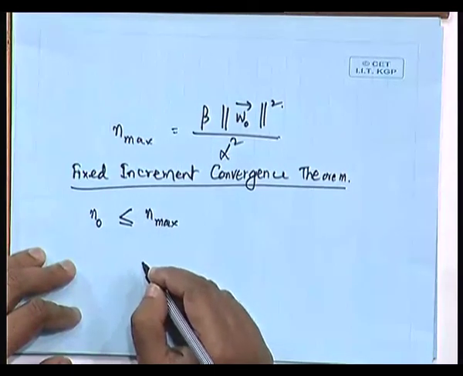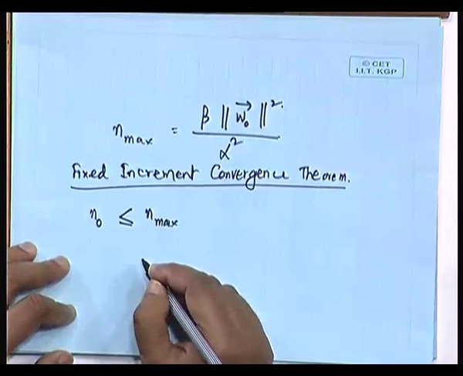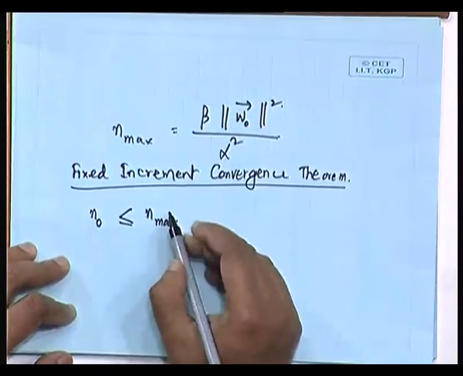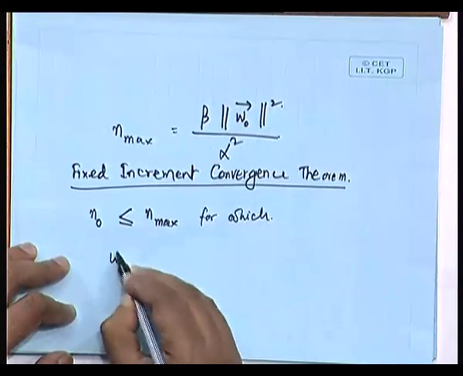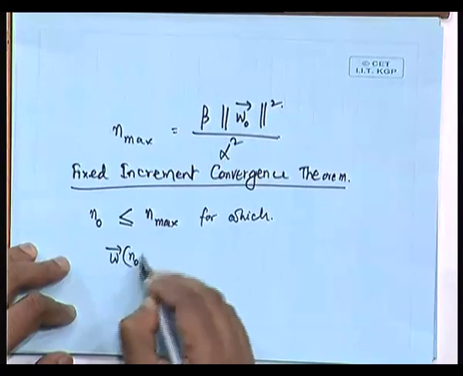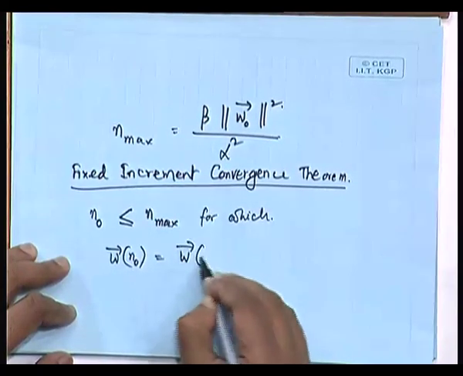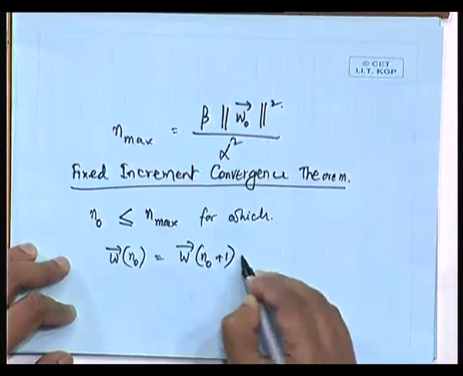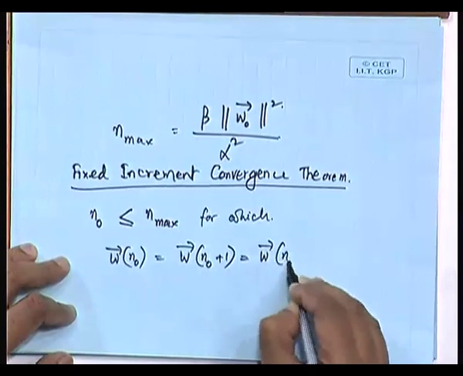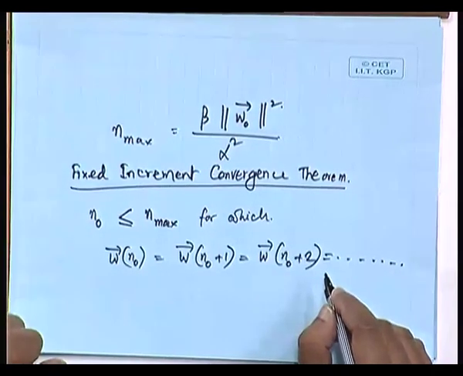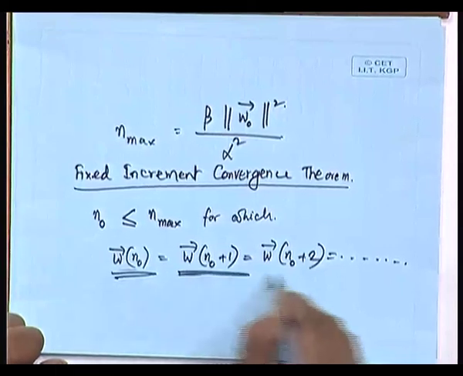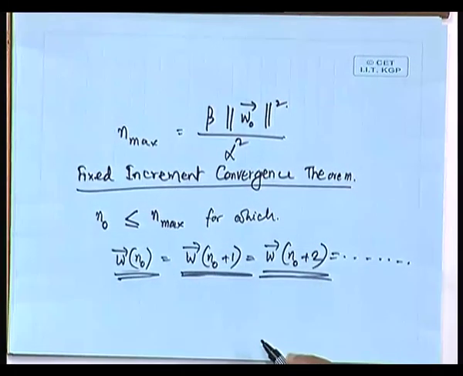N max is an upper bound that we have got, but for some n0 less than or equal to n max, we have W n0 equal to W n0 plus 1 equal to W n0 plus 2, and so on. This is ultimately the solution vector. All these being equal means it has reached convergence.